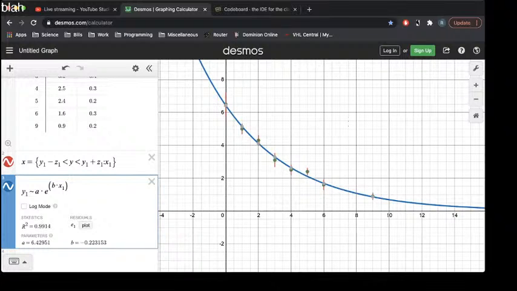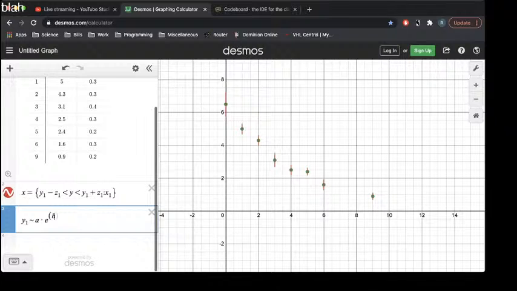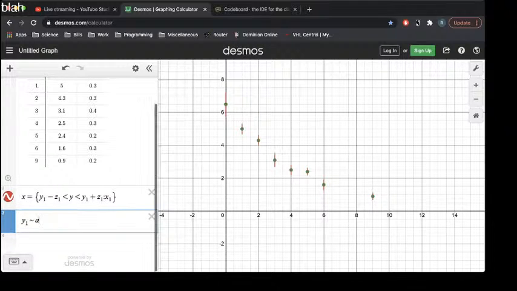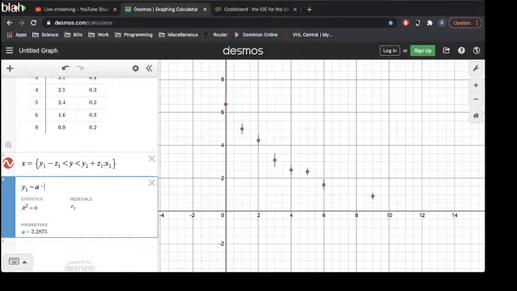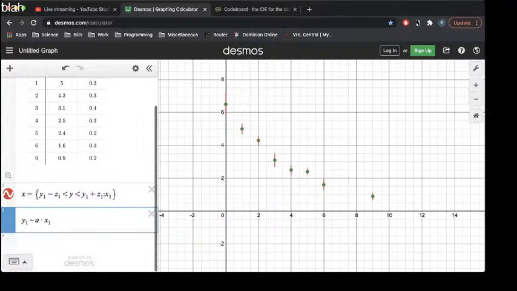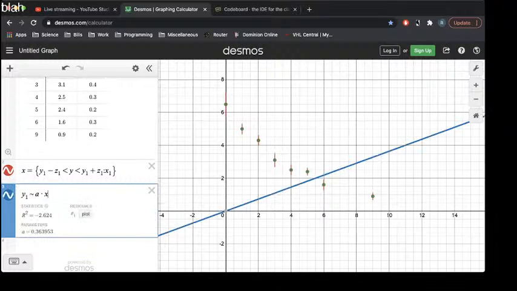One other thing I wanted to, I'm just going to do a really ridiculous curve of best fit. So what if I did A times x1. So this is going to be a really stupid curve of best fit.